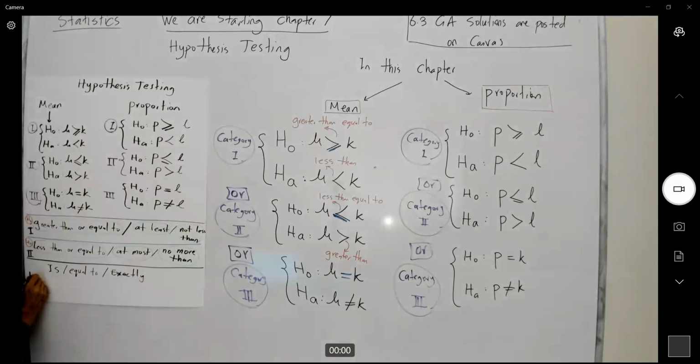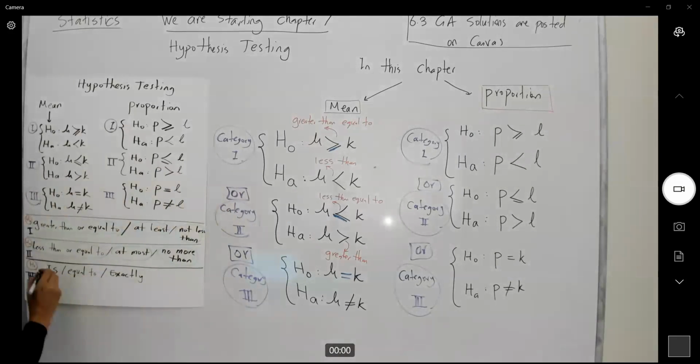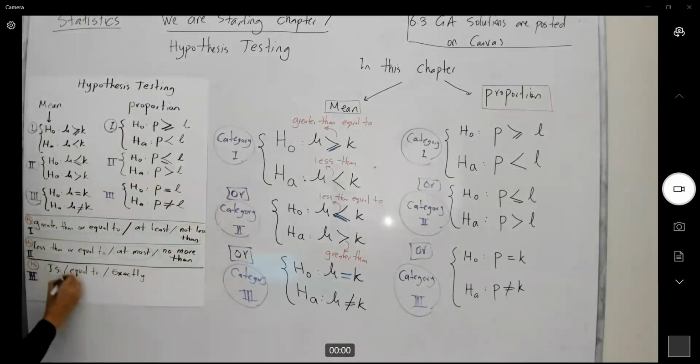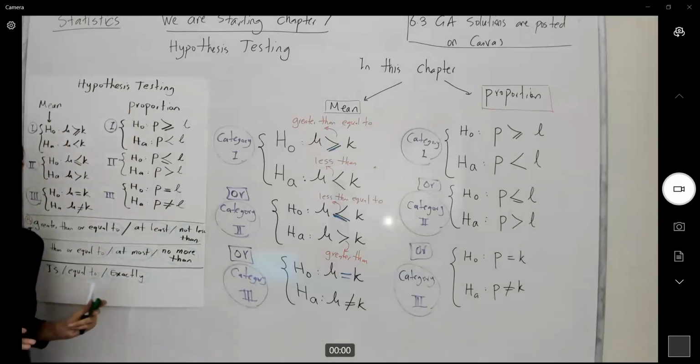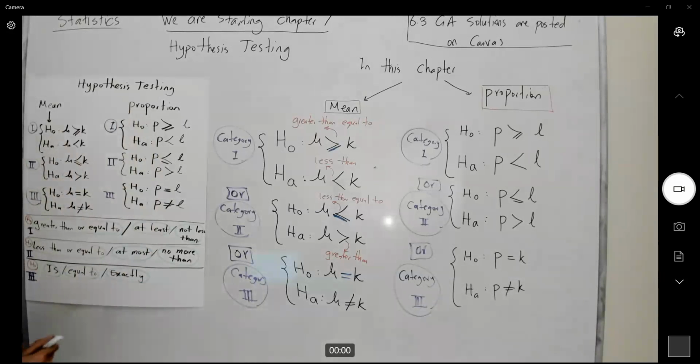So third category, and this is your null hypothesis. You can find all of these on page 1 of the notes as well.